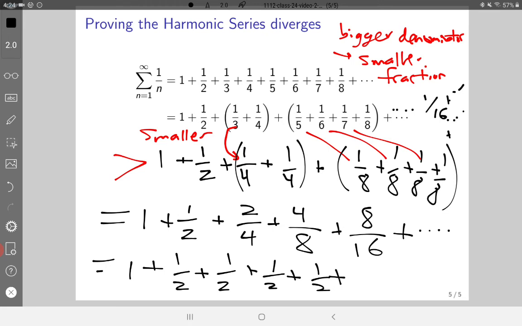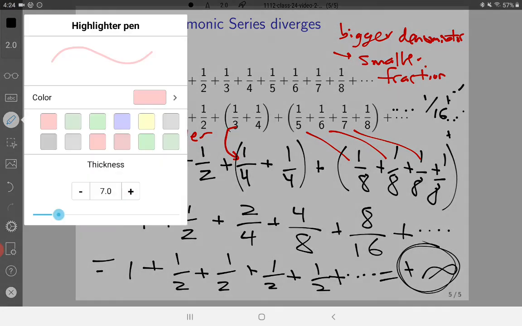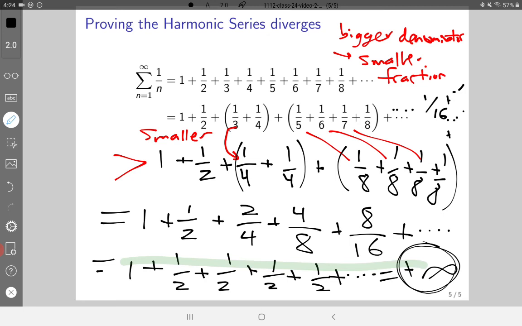And weren't we just talking on the first slide about how adding 1/2 to itself over and over and over and over is just going to make the running total, the partial sums, grow and grow to infinity? That means this series down here is already divergent. It already adds up to an infinite running total. And didn't we notice that this harmonic series I started with up here is bigger than the one at the bottom?